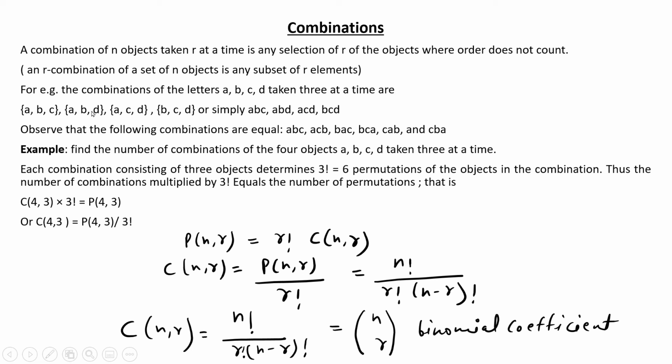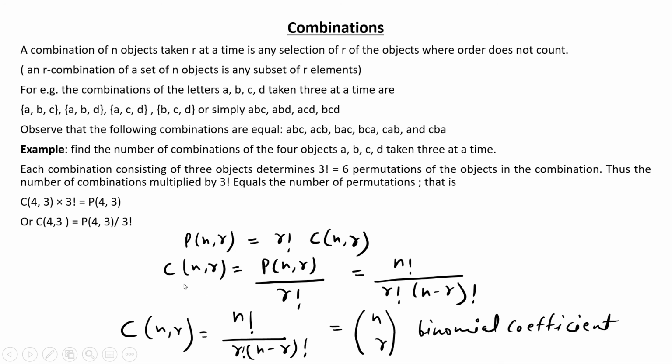ABD will have 3 factorial permutations, ACD will have 3 factorial permutations and BCD will have 3 factorial permutations of the objects in the combination. Thus the number of combinations multiplied by 3 factorial equals the number of permutations. So C(4,3) into 3 factorial will be equivalent to P(4,3). Or we can say that C(4,3) would be P(4,3) divided by 3 factorial.